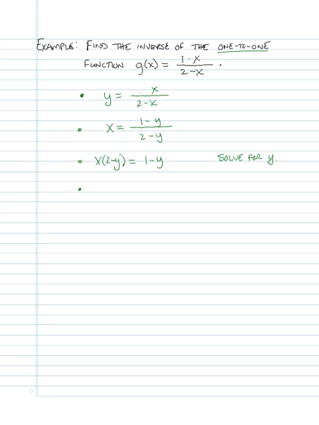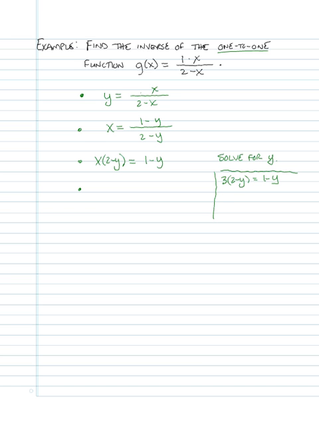And so I would ask you to think about it this way. If we had 3 times 2 minus y is equal to 1 minus y, and we were trying to find y, see, I just replaced the x with 3 to make it look like something we're used to. If we were to solve for y, what do we need to do? We'd multiply that 3 out, wouldn't we?